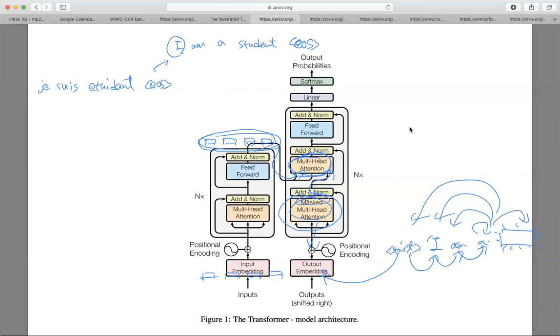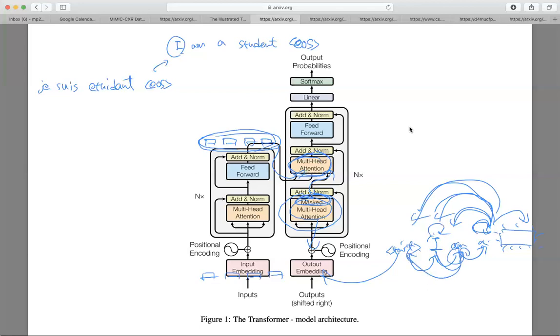In order to prevent that, we use the mask operation, which enforces the tokens to only attend to themselves or the previously predicted tokens. So "a" is allowed to look at itself and previous "am", "I", and start. "am" is allowed to look at itself, "I", and start.